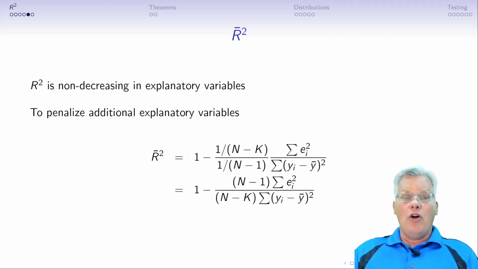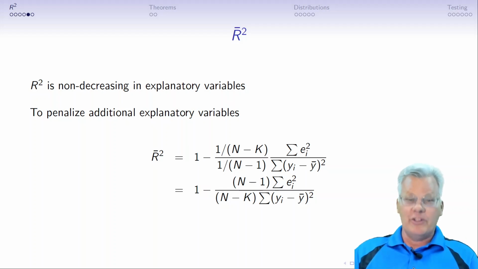On Stata output, you will also see r bar squared. And the reason for r bar squared is that thinking about r squared, which we defined in the previous two slides, r squared is non-decreasing in explanatory variables. This should be a familiar result again from the prerequisite course.